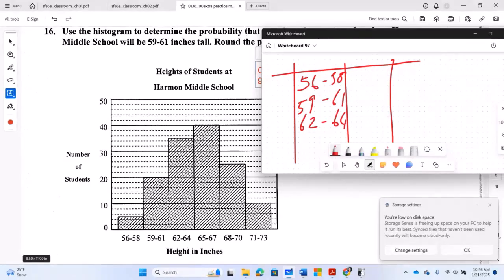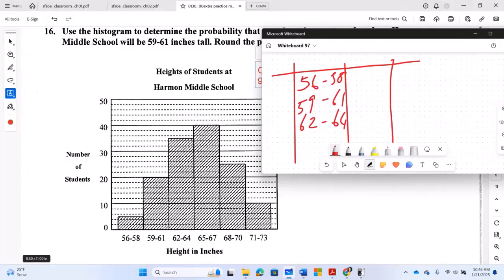Okay, so 62 to 64. The next class is 65 to 67.